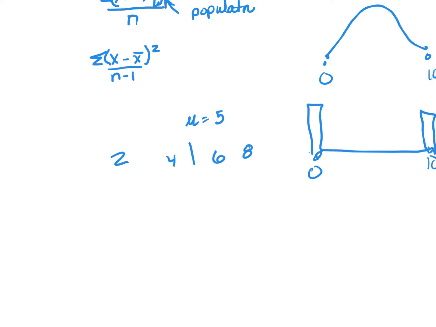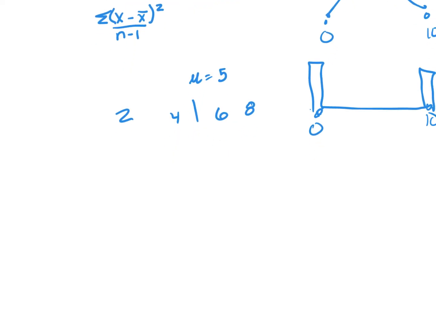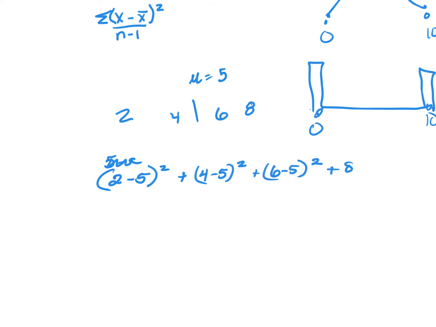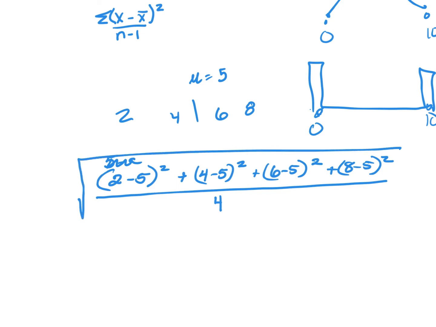So I would take every point in the set and go 2 minus 5, my point minus the mean, square it, plus 4 minus 5, square it, plus 6 minus 5, square it, plus 8 minus 5, square it, and then, since this is a population, I would divide that all by 4, and then I would take the square root of whatever that number is.